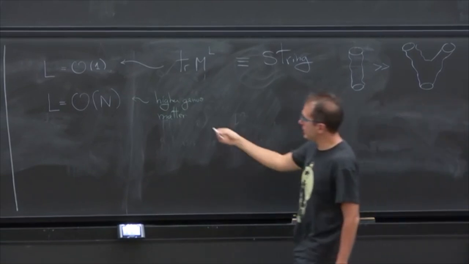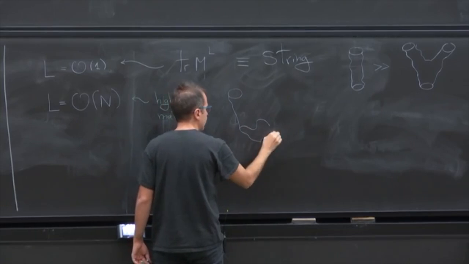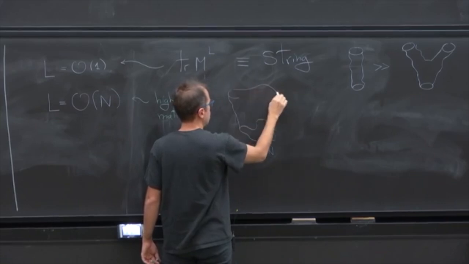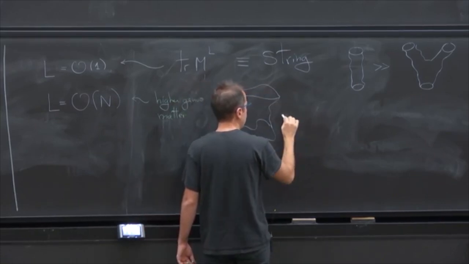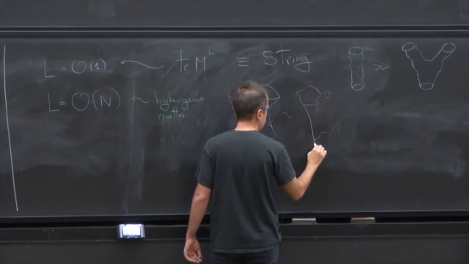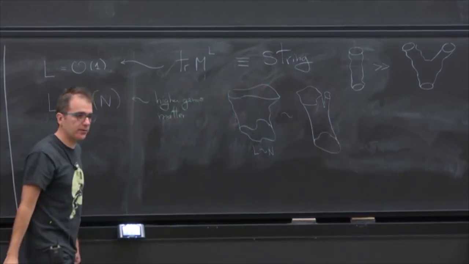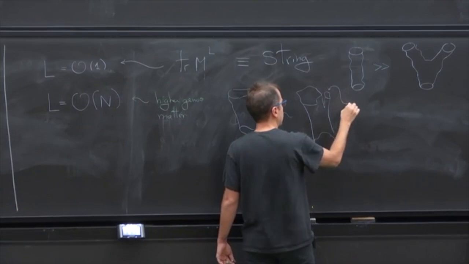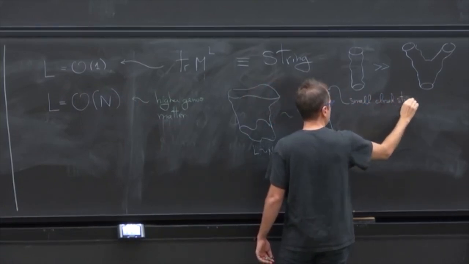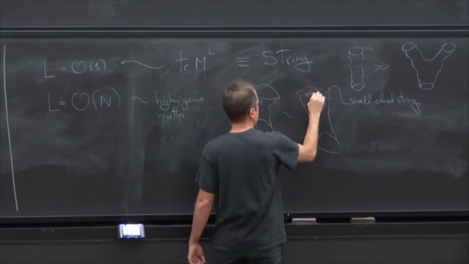But now, when L starts to be of order n, if you consider this big 2-point function, you can convince yourself that this is of the same order as a 2-point function where you would actually emit a small closed string. Whereas these guys are big, and this is big.